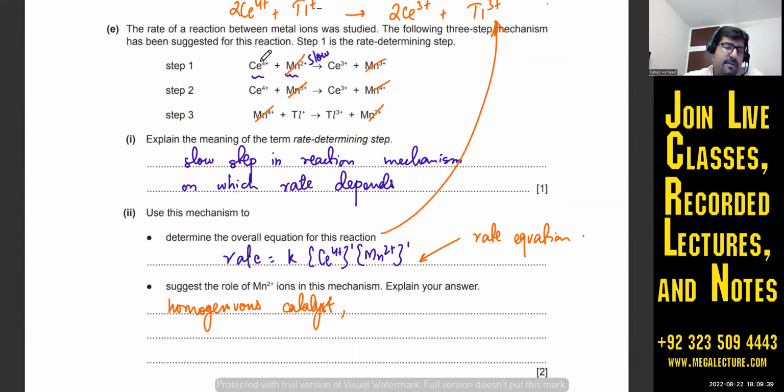The reactants are also ions, right? So they must be aqueous ions probably. So homogeneous catalyst, and how did I know it's a catalyst? That Mn2+ remains unchanged in the reaction. ठीक है, ये clear है?